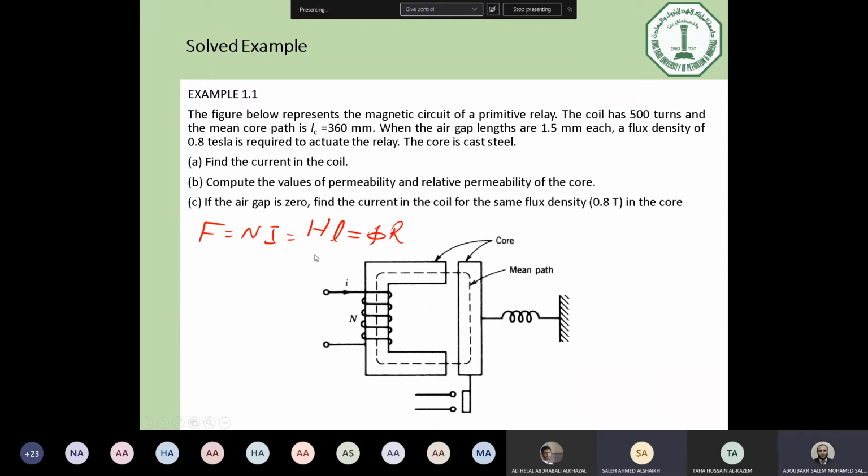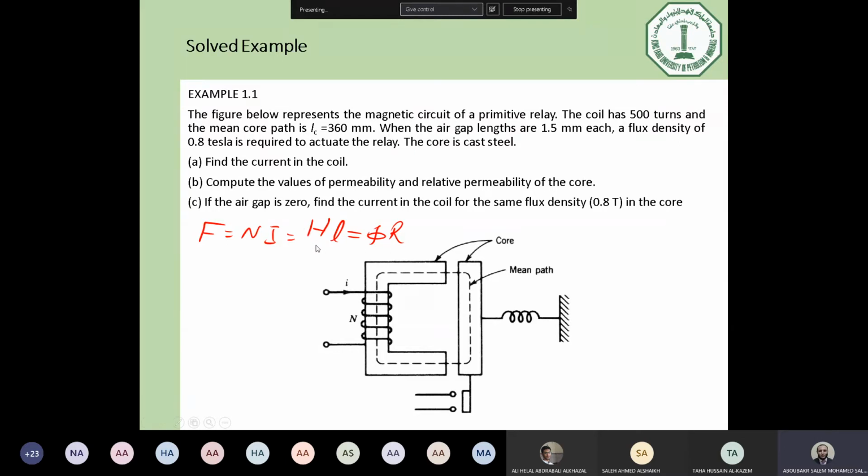What is the value of mu or permeability? How can we obtain the permeability? We need to find the cast steel permeability. Right, very good. So we can obtain H from the cast steel graph, or we call it the magnetization curve of this core.